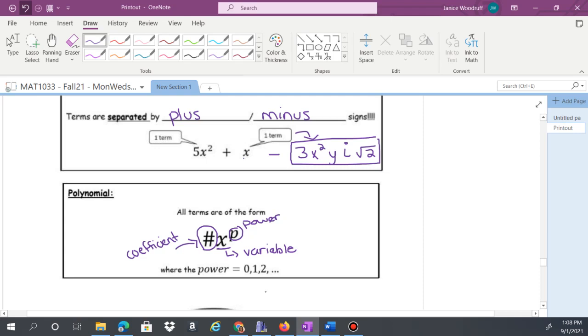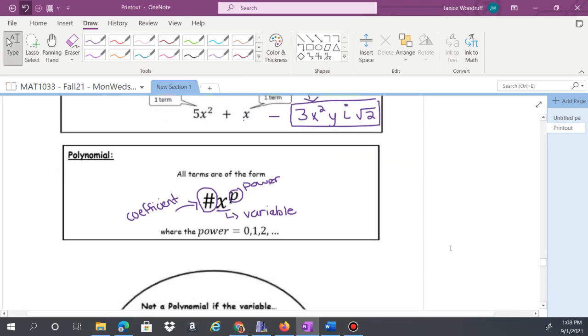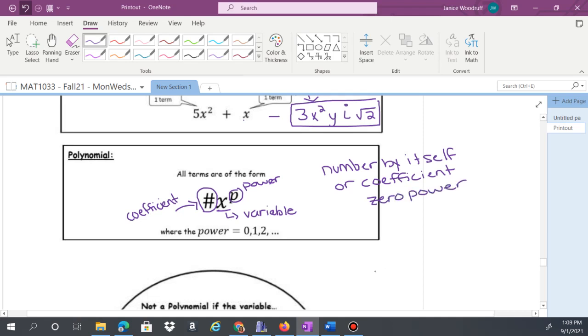Now the power can be 0 power, first power, second power, etc. As a general rule, if you have a number by itself, or a coefficient, that's going to be to the 0 power. Okay, and here's why.